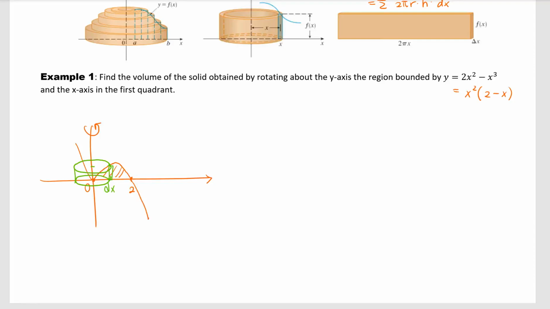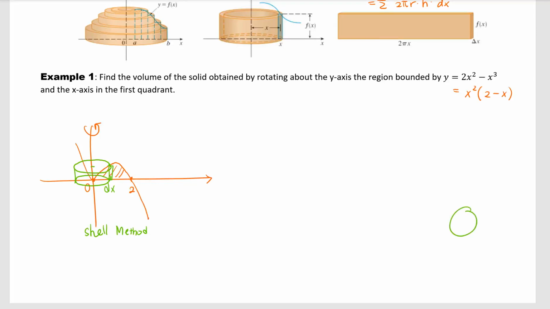We get two circles, but is this actually a cylinder? If you get one big circle and one small circle, that is the washer method. But if you get two same-size circles and this is actually a cylinder, then we know it's the shell method. So follow my steps. The picture will tell you what to do.